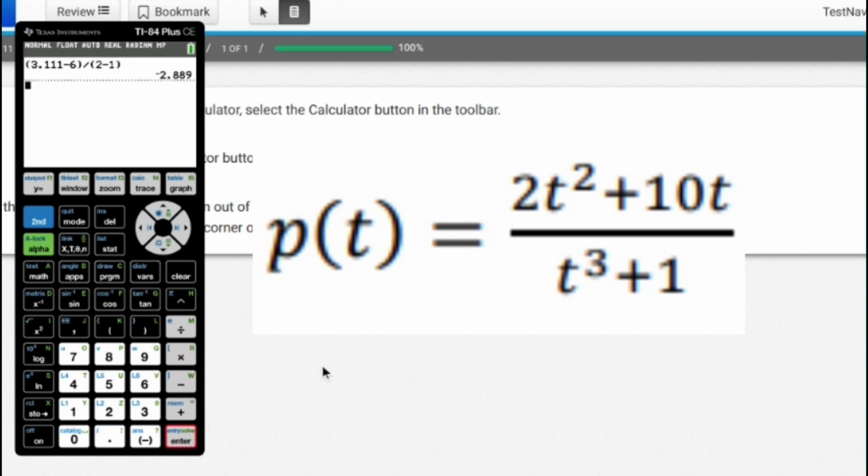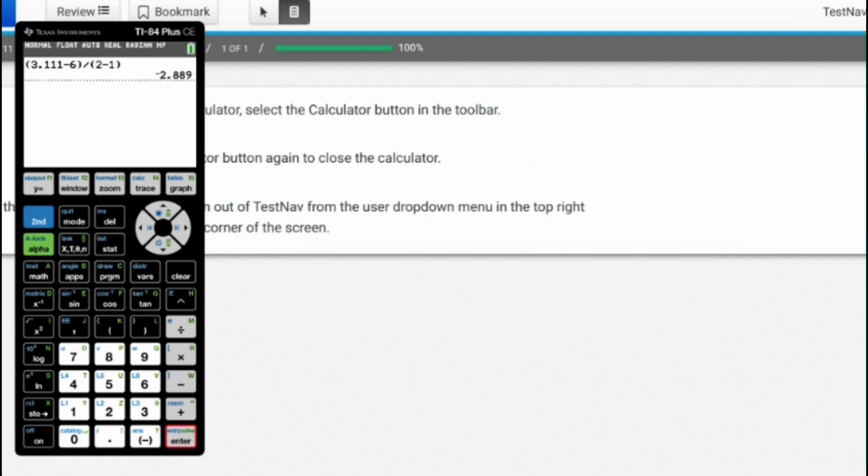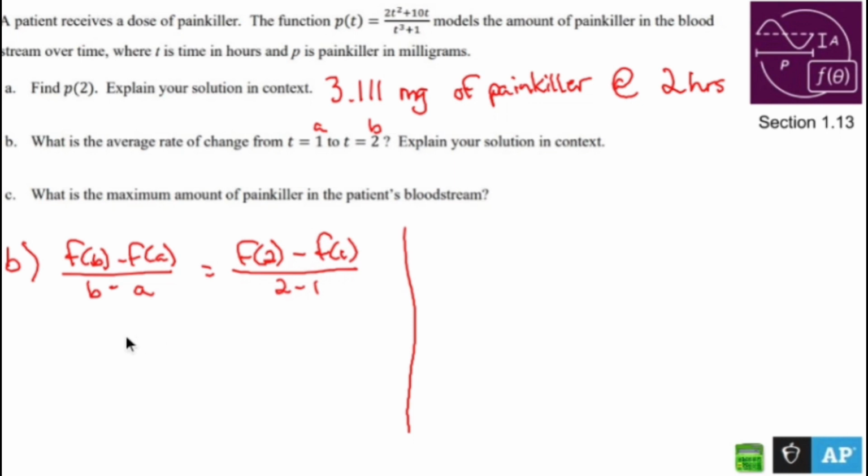So let's go back to our slides and figure out what that means in the real world. The calculator reminded us that that was 3.111 minus our new value, which was 6, all over 2 minus 1, which ended up being 1. Typing that out in our calculator was negative 2.889. What that means is between hours 1 and 2, we lost 2.889, lost because it's negative, milligrams of painkiller.